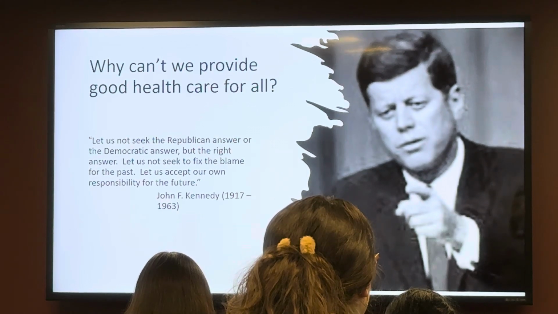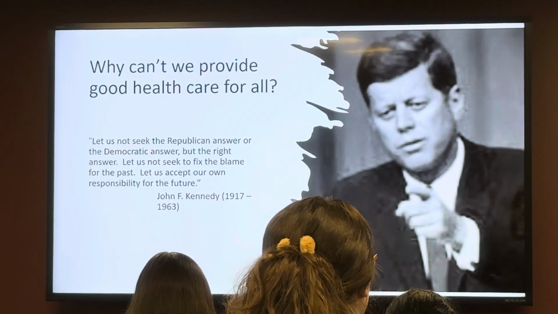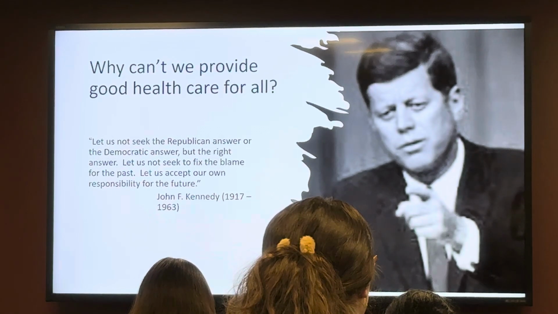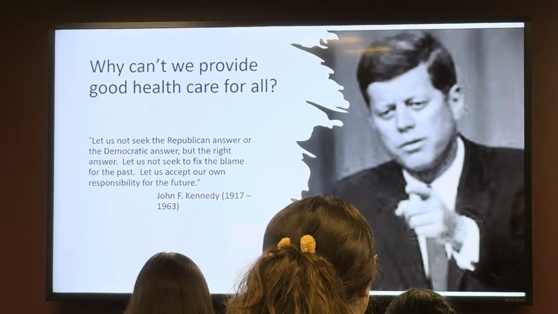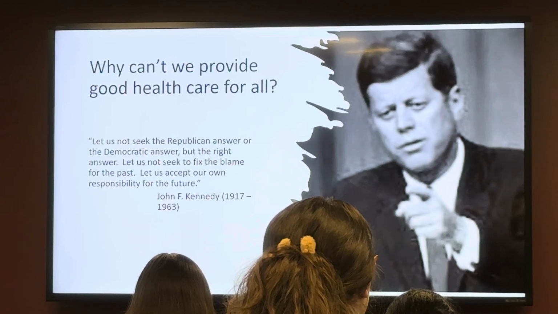But he said this, and we can apply this to healthcare: Let us not seek the Republican answer or the Democratic answer, but the right answer. Let us not seek to fix the blame for the past. Let us accept our own responsibility for the future. That's a bold statement, but it's hard to do, and it always has been hard to do.